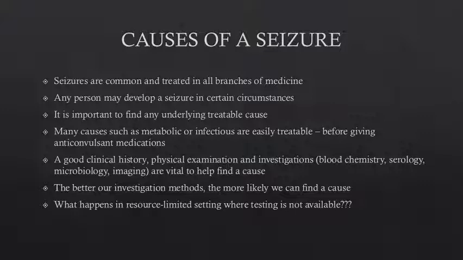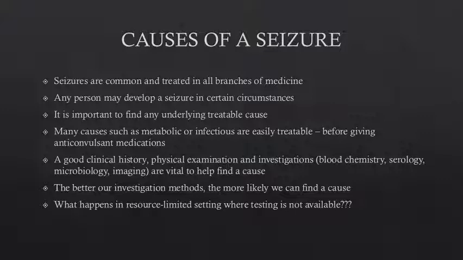It is important to find any underlying treatable cause. Many causes, such as metabolic or infectious, are easily treatable, and this must be done before giving anticonvulsant medications, which may not help or in some cases be even harmful. A good clinical history, physical exam, and investigations are vital to help find a cause.